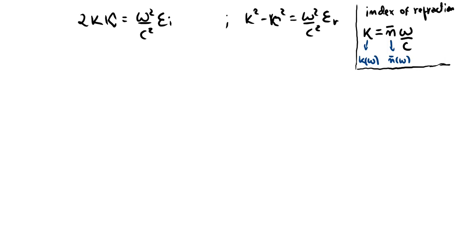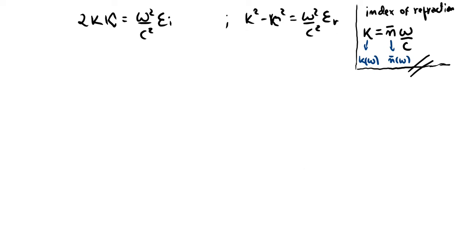So one way to calculate that would be to calculate this k that I have here, and the k is connected to the dielectric function of the material, right? But what I'm saying with this is that this k is not really free. We know more or less what it is. This k of omega needs to be the index of refraction of the material, so I can write everything in terms of the index of refraction here.